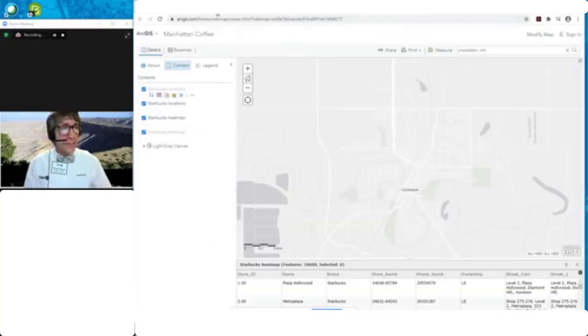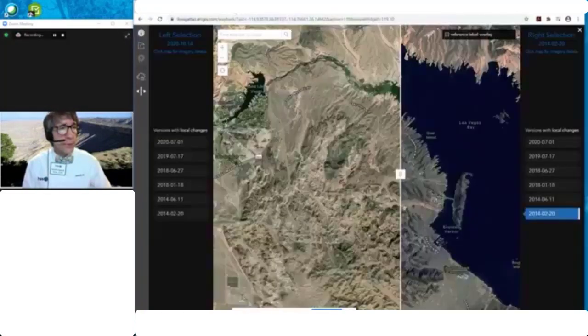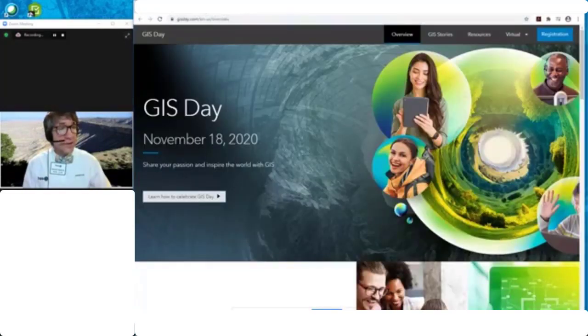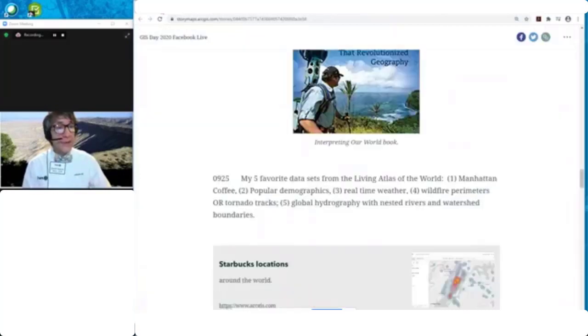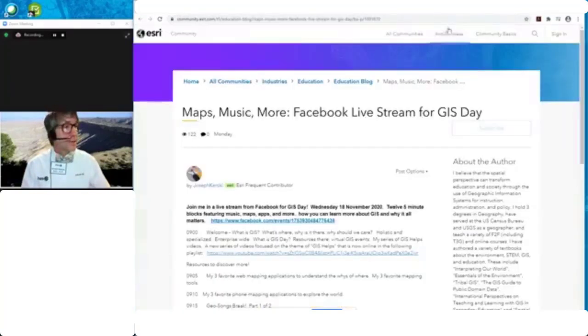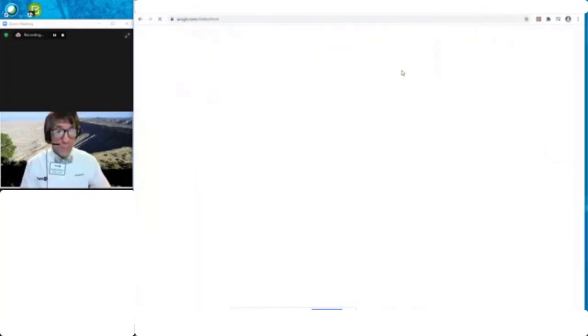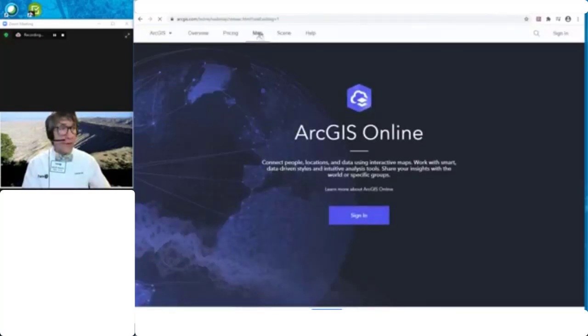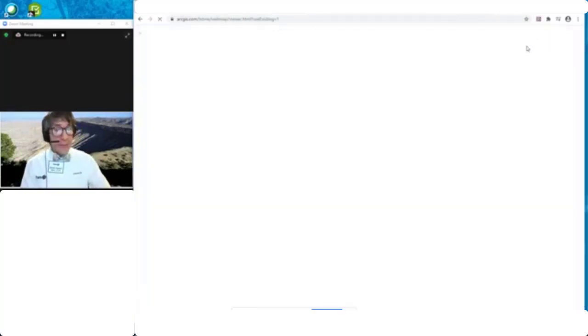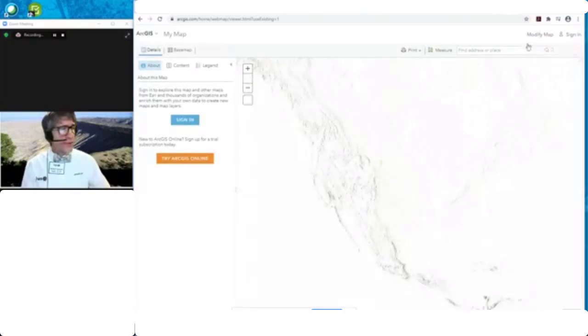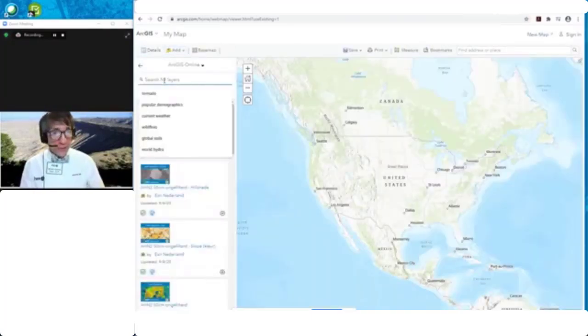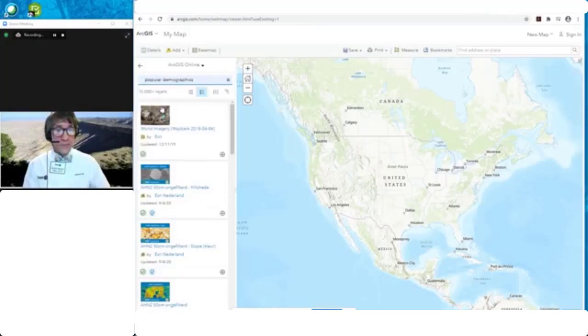This is fascinating because inside the popular demographics layer is, as the name implies, quite a bit of data. So let's say we go to ArcGIS Online and we modify the map. We go to Map, we modify the map, and we add popular demographics. So you've got at your fingertips median age, median income, home value, etc., with this particular data set that comes from the decennial census and also from the American Community Survey.